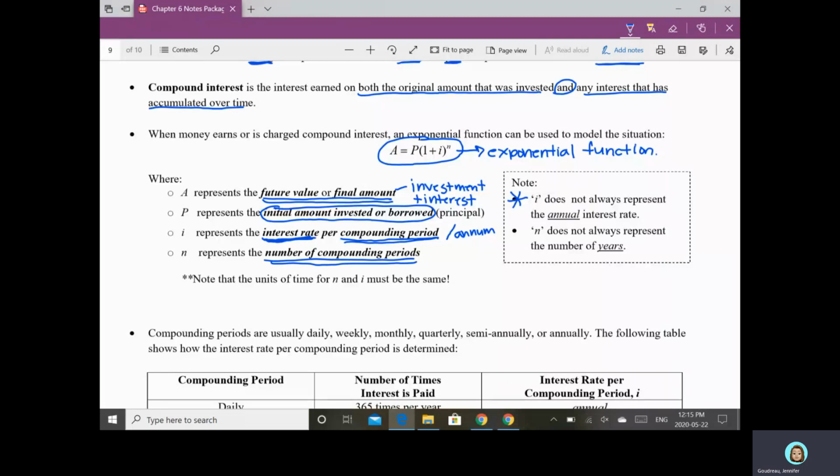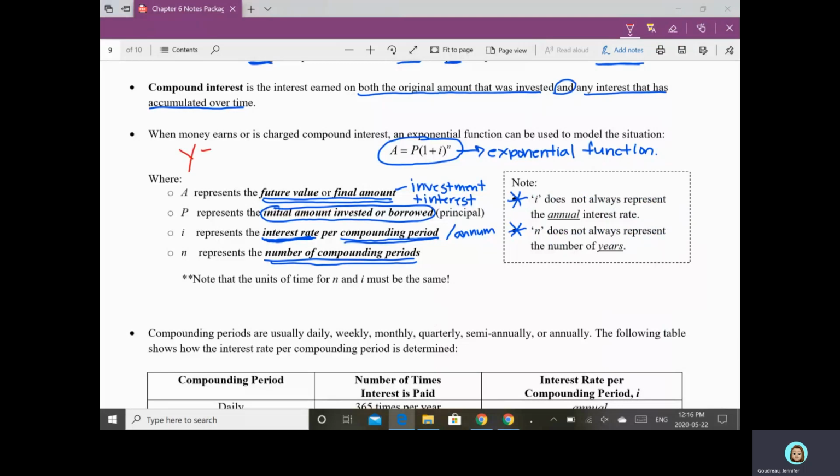So that's how many times we add the interest in. And keep in mind, n will not always represent the number of years. We are going to use the number of years to help us calculate n, but they're not always going to be the same. Now, this looks really overwhelming, and it looks like we're learning a brand new formula, which we are, but notice that this formula should look a little familiar.